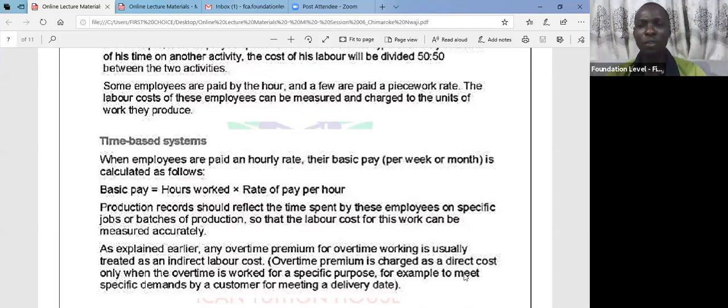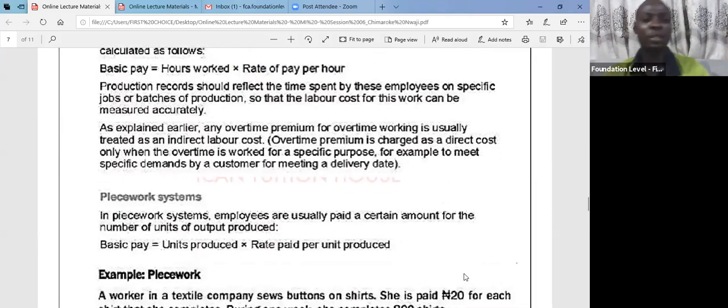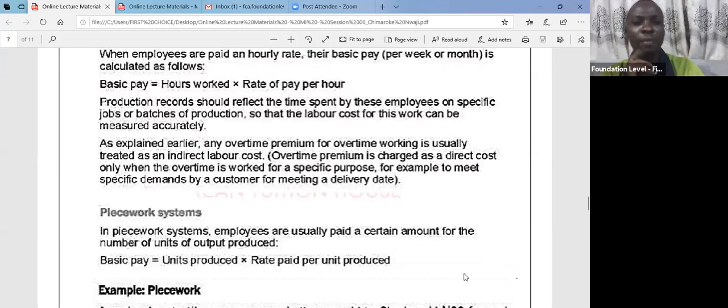Now, when you say overtime, it belongs to this system. And we said overtime premium is treated as an indirect labor cost. Okay, now let's look at the piecework system.